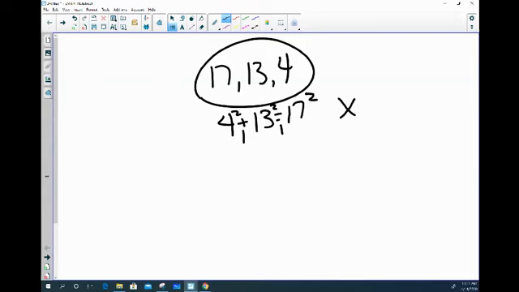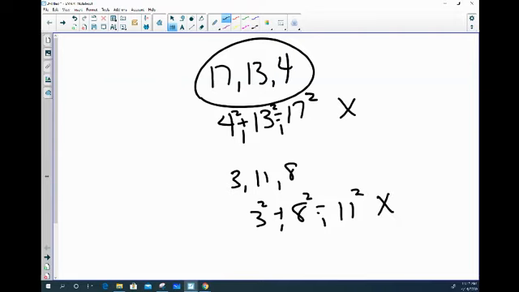This is not a right triangle. Let's try one more. If I get 3, 11, and 8, putting them in order gives me 3, 8, 11. Square all the numbers. Put my plus here, my equals there. I get 9 plus 64 is 73. This is not a right triangle.